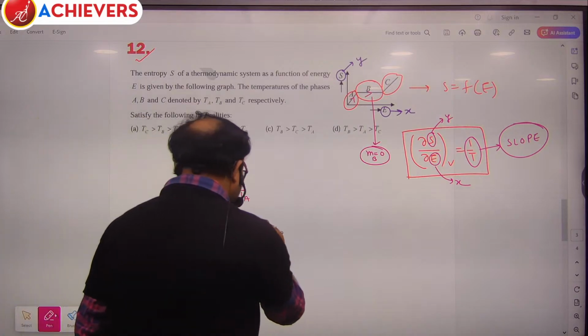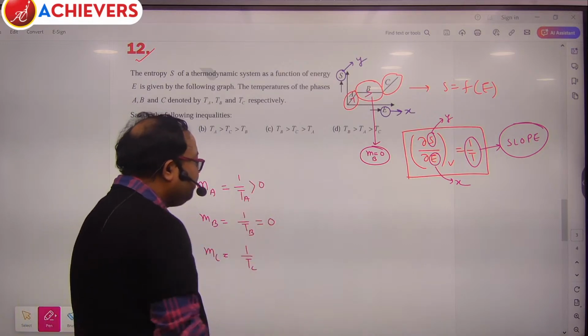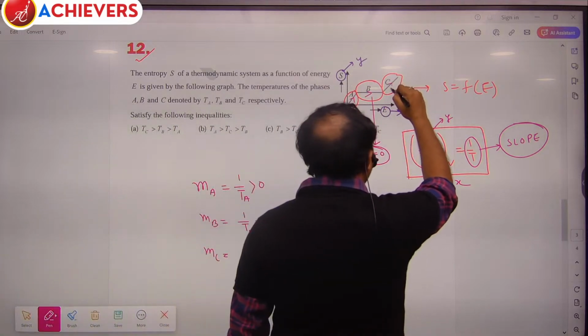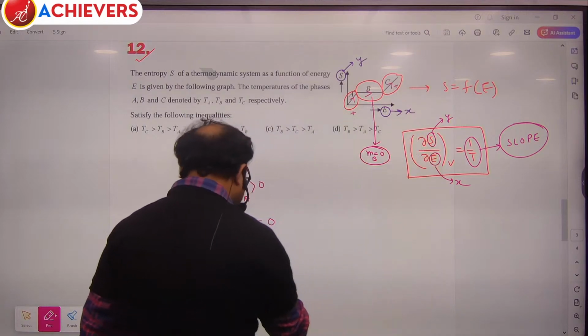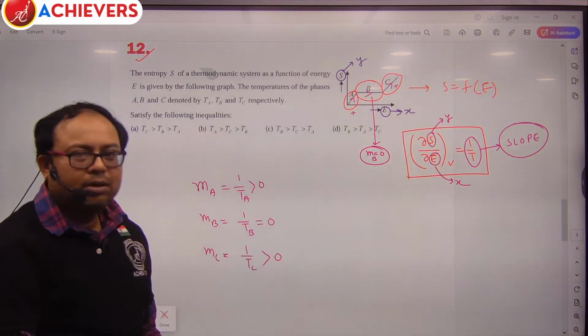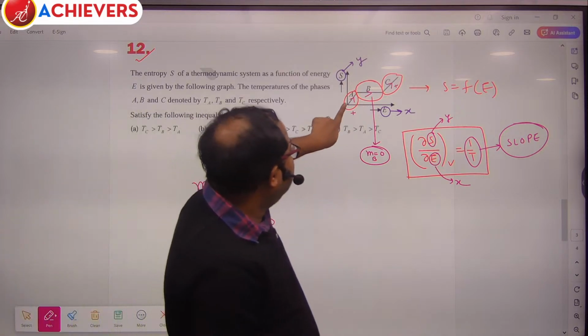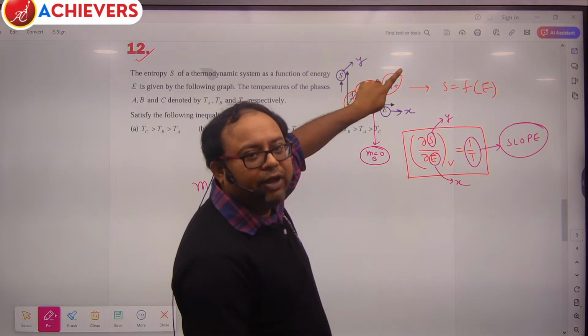So MA is 0. MA is positive. And what about MC? MC is also positive. So both of these are positive. But you can see the slope of MA is greater than that of MC.